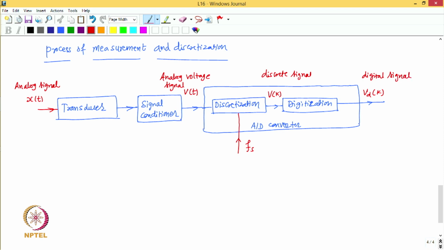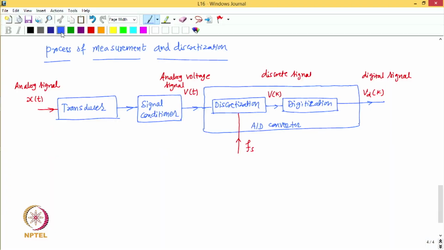So, these are basically the broad steps through which the signal undergoes in the process of measurement and discretization. And since we would know the sensitivity of the transducer and signal conditioner together, it will be possible for us to retrieve back the signal in the units of analog signal x of t.